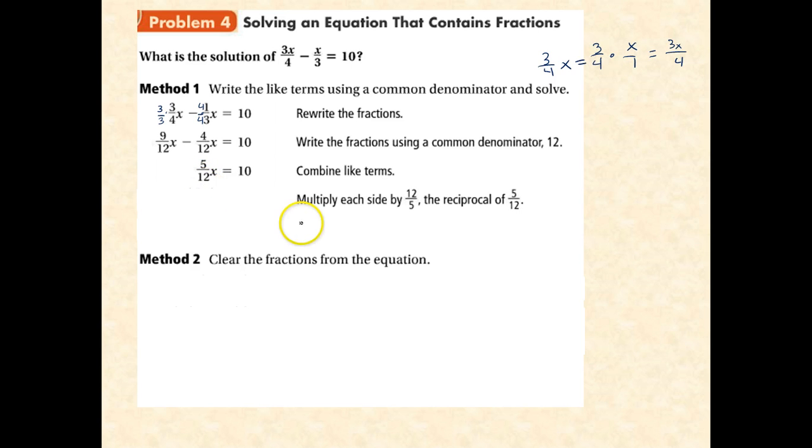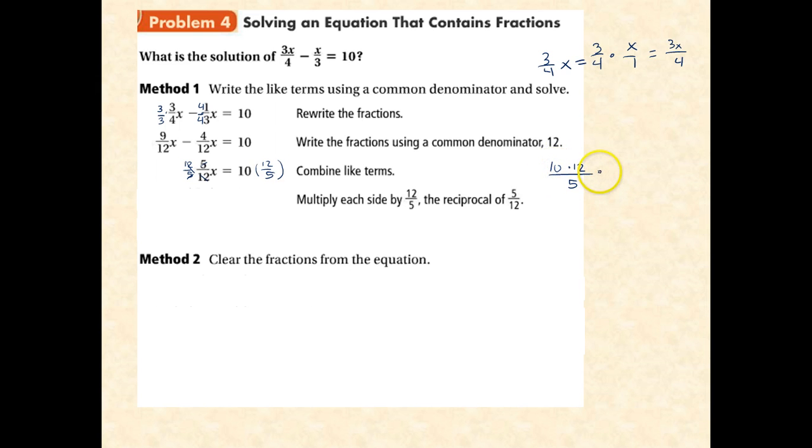And now I can multiply each side by 12 over 5, which is the reciprocal of 5 over 12. So this will cancel out because when you multiply reciprocals, you get 1 as the product. So we'll have x equals 10 times 12 over 5.